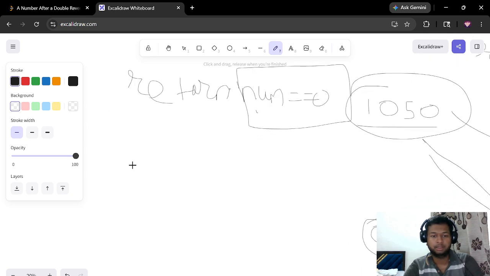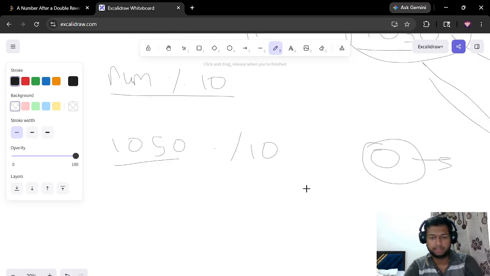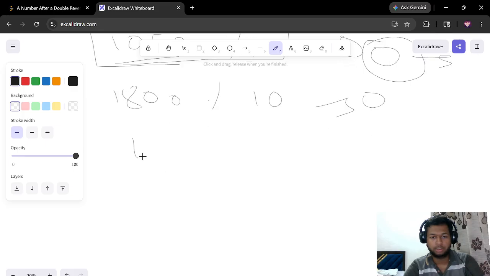What was my hint? If any particular number is divided by 10 and gives the remainder 0, let's say our 1050, when we divide it by 10, we will get the remainder as 0. Because it is divisible by 10. And we have 1800 also, after dividing it by 10 we will have remainder 0, and again we have 12300. After dividing it by 10 we will have remainder 0.